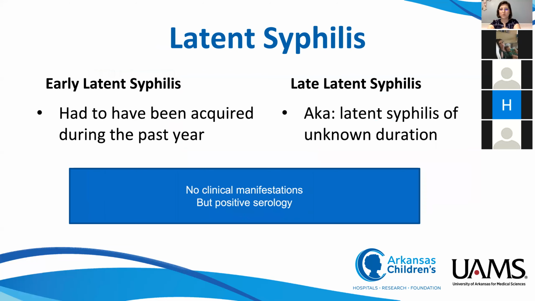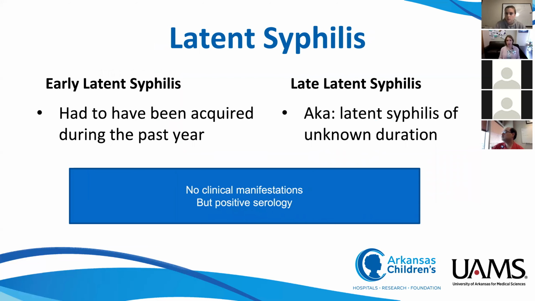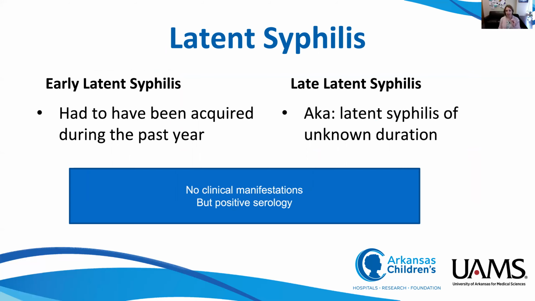Now, when we talk about latent syphilis, there are definitions, and it becomes important later when we talk about treatment. Basically, latent syphilis is no clinical manifestations, but positive serology.